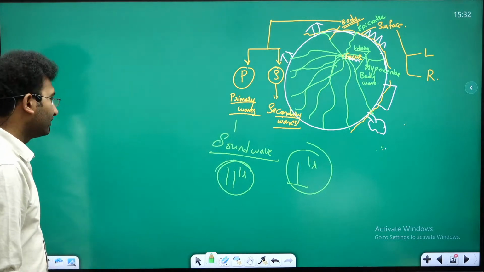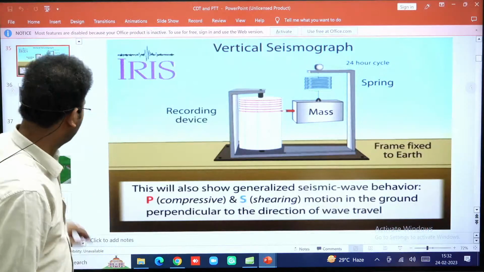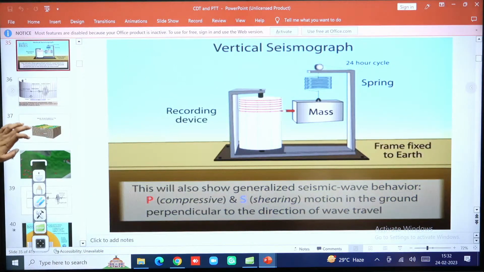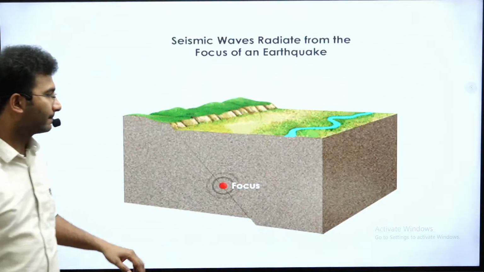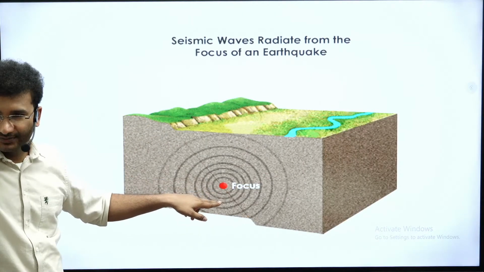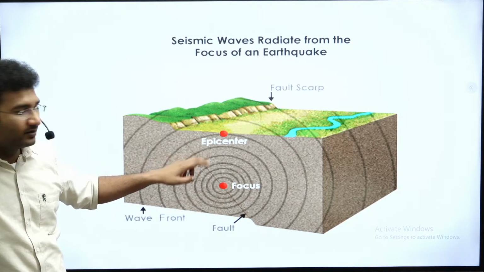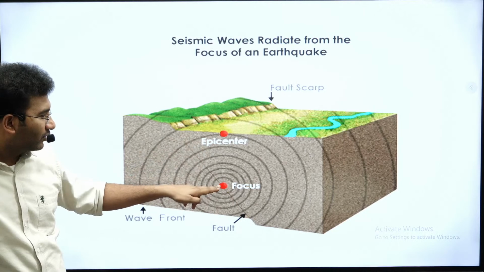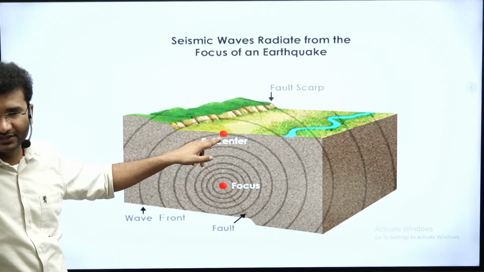Look, let me show you how exactly they move. See here, this is your focus and this is your epicenter, right? Focus is the point at which the earthquake generates, and then you'll find an epicenter here.